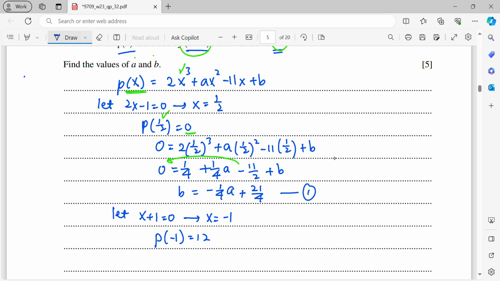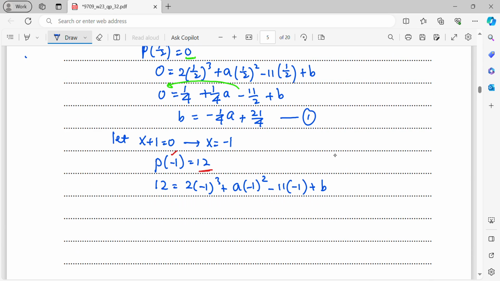Then you substitute into the expression: 12 equals 2 times minus 1 cubed plus a times minus 1 squared minus 11 times minus 1, then plus b. So from here you will be getting minus 2 plus a plus 11 plus b.